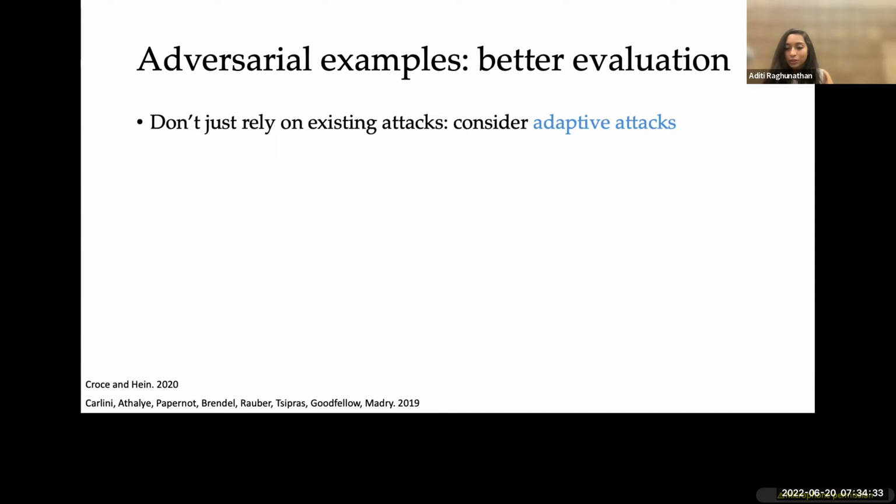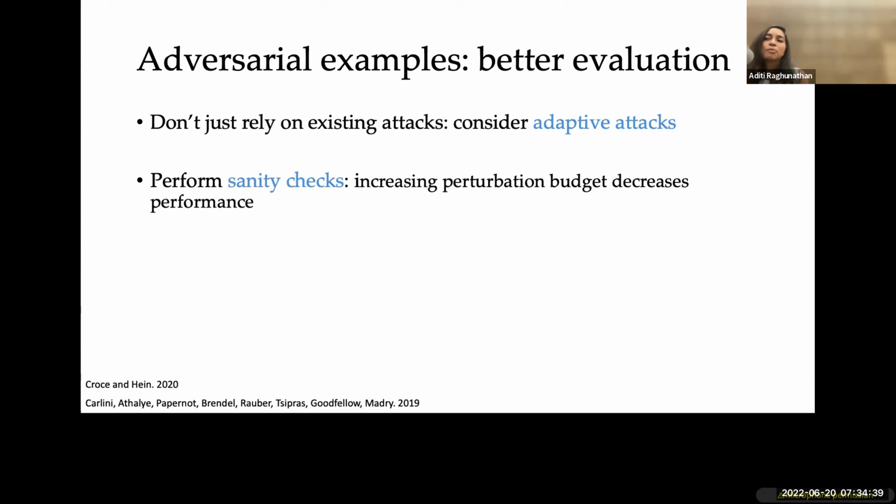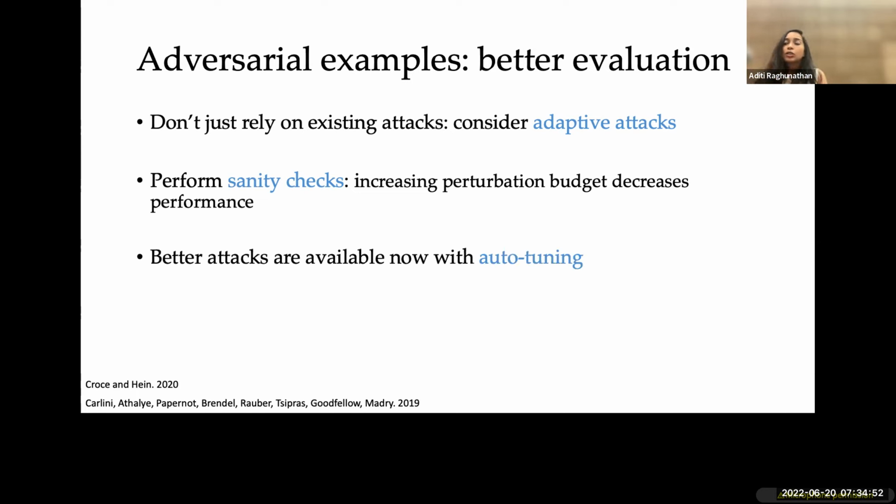Consider ways of modifying how you find these examples to really test your idea, and then perform some sanity checks. Over time, the community has developed a better evaluation standard to avoid the issue of getting immediately broken in a few months. And there are also ways to tune your hyperparameters to get better attacks. So in general, we are now at a slightly better space in trying to evaluate.